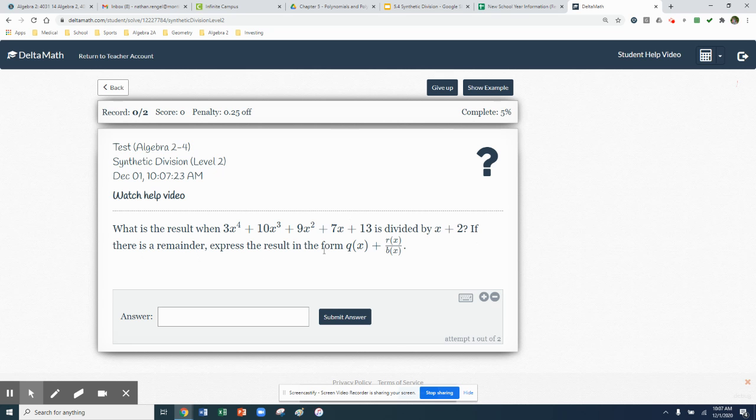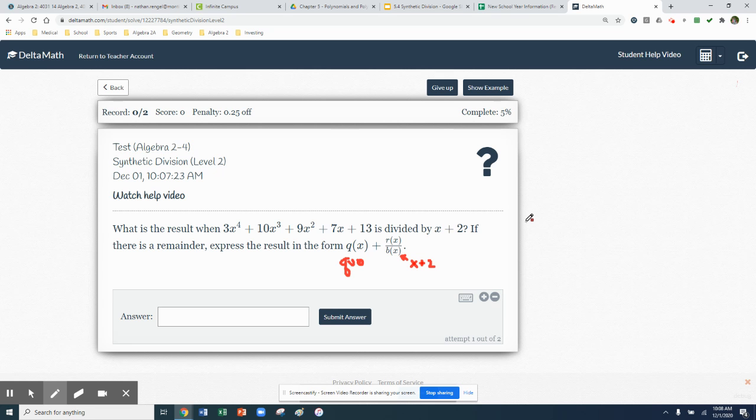If there is a remainder, express the result in the form q of x. So that's our quotient. That's our quotient plus the remainder over b of x, which would represent your divisor. So that b of x is going to represent that x plus 2. So we're going to represent our remainder as a fraction over our divisor.